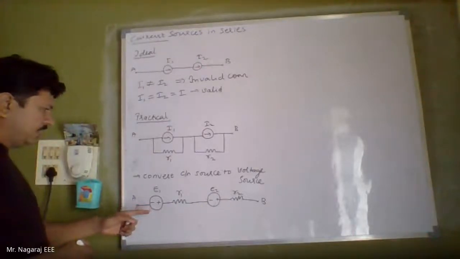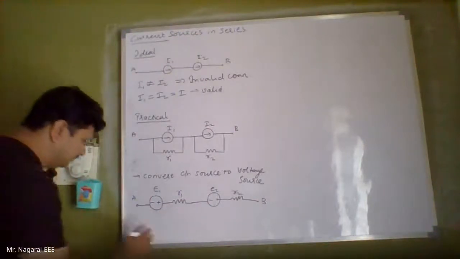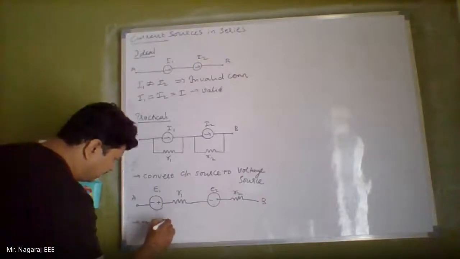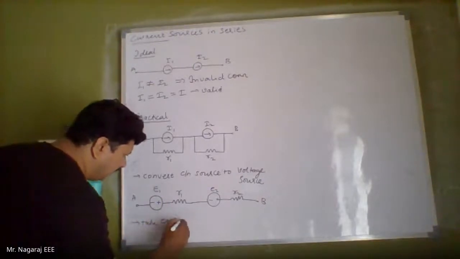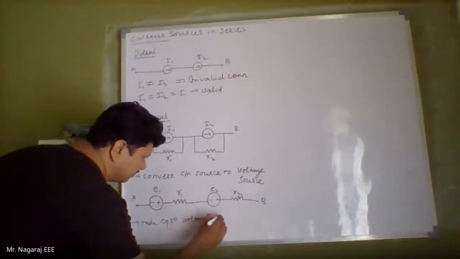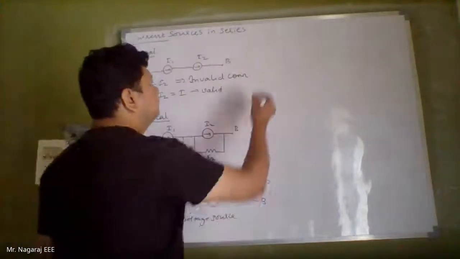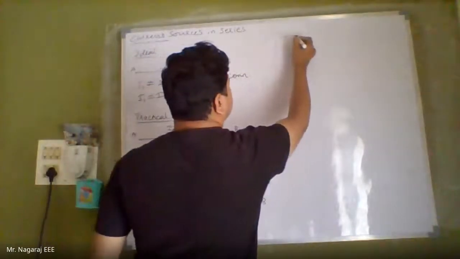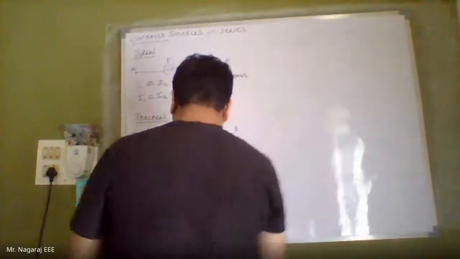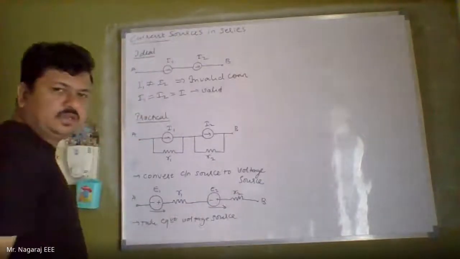Now take the equivalent voltage source. That is E. The direction of both EMFs is left to right. Okay.